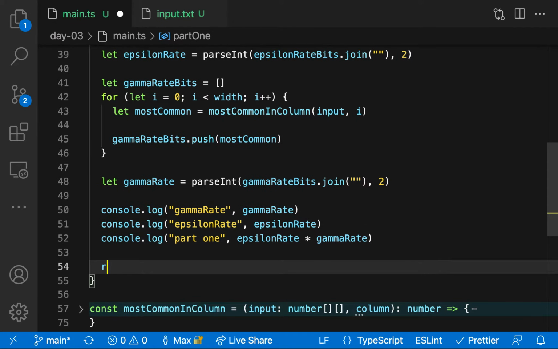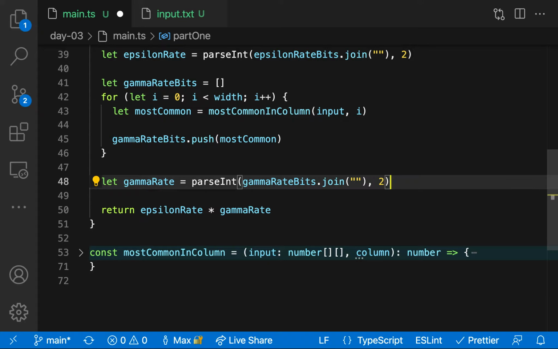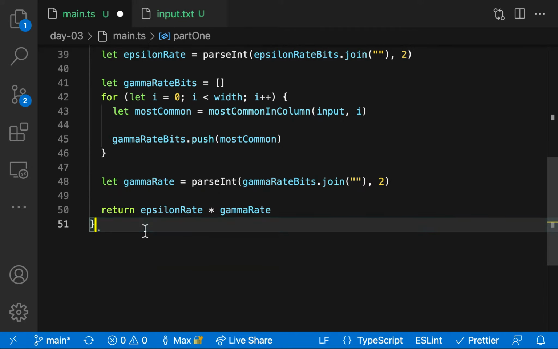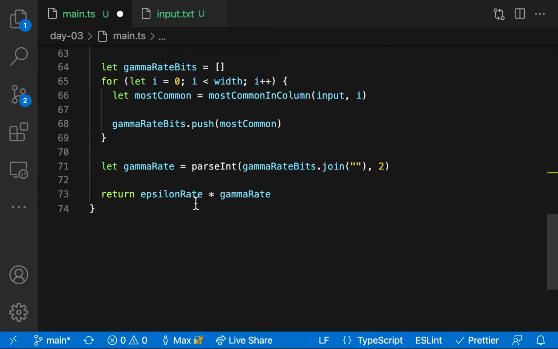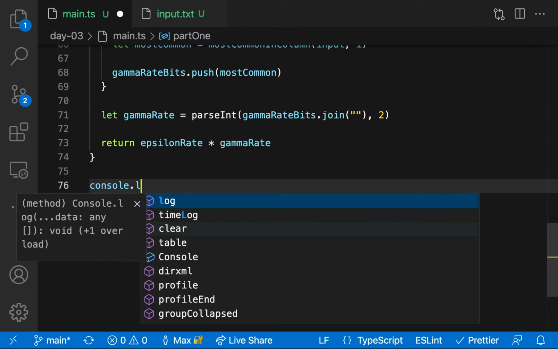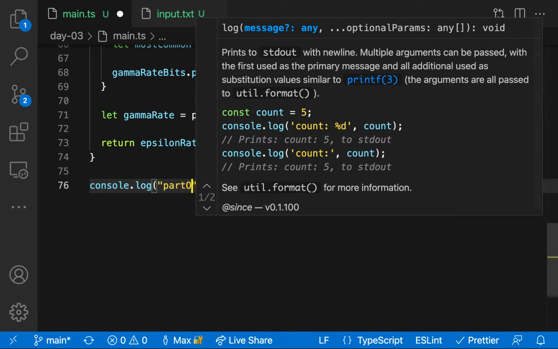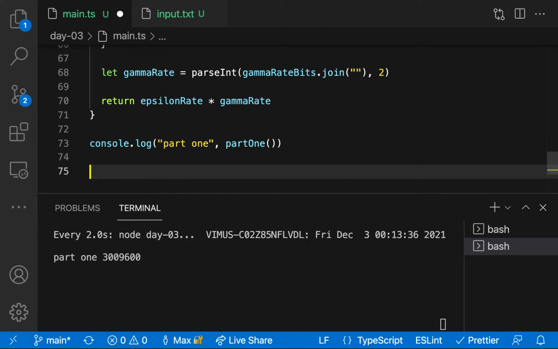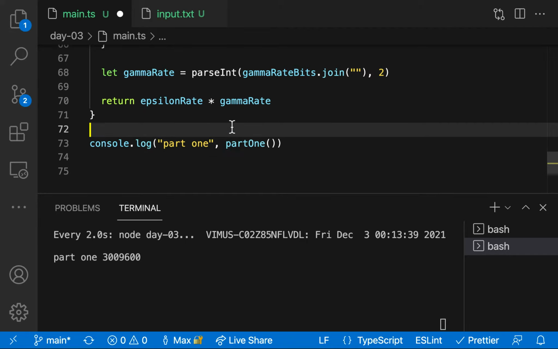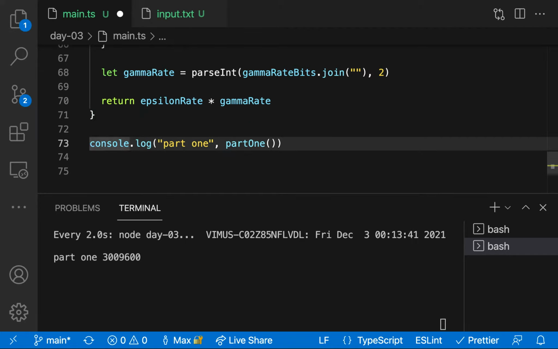And we'll just say return this, I guess. Move that. And hopefully that still looks good. All right, great. So let's write part 2.